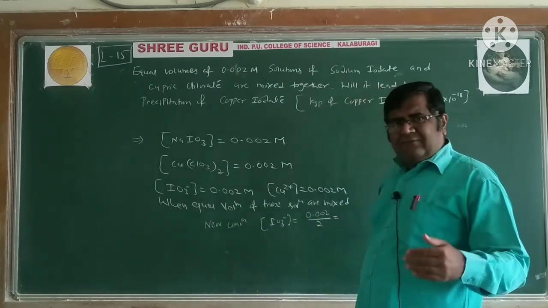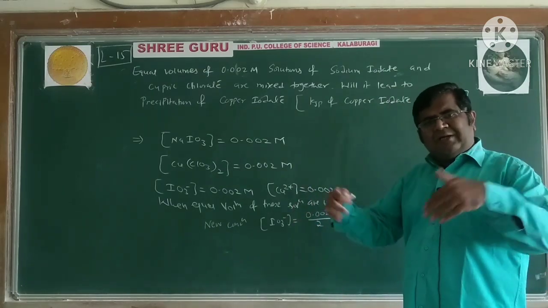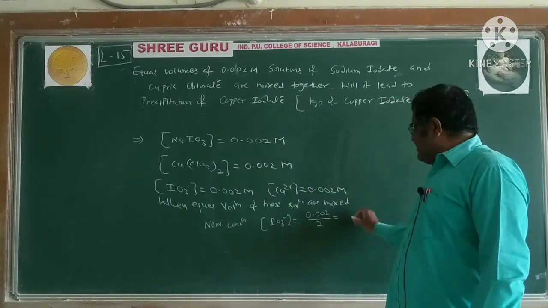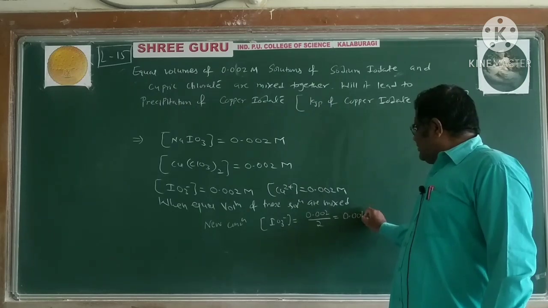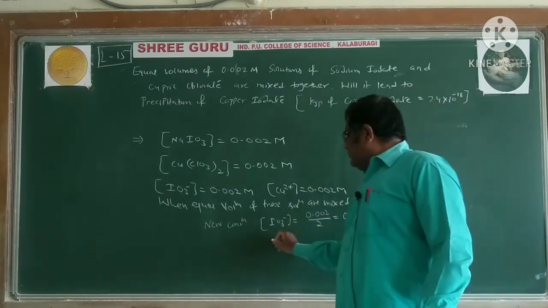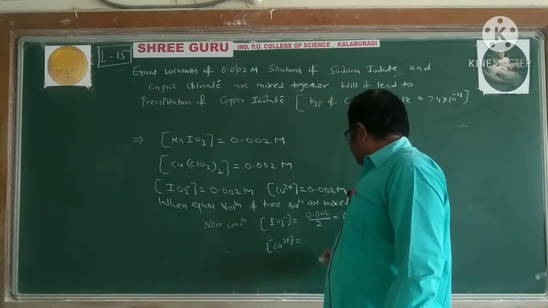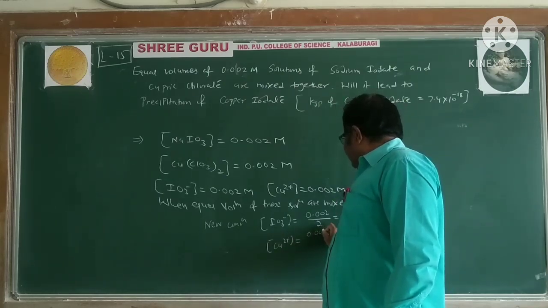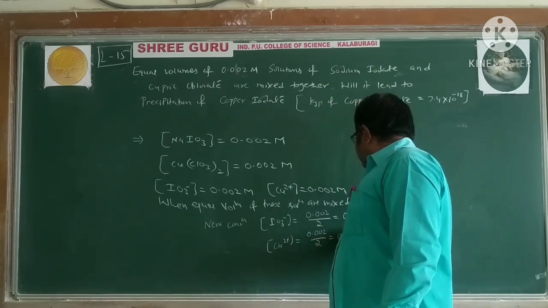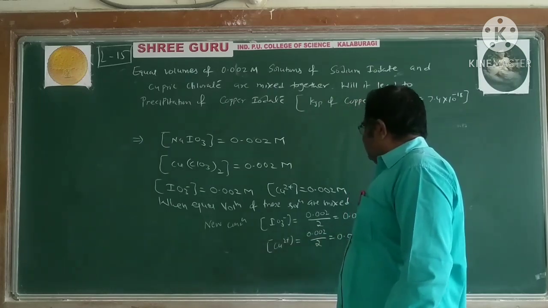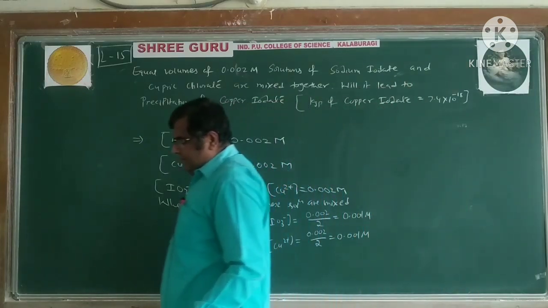It becomes half, because 1 liter, 2 liter we have, concentration becomes half, 0.001 mole per liter, and concentration of Cu plus 2 is also same, which is nothing but 0.001 mole per liter.